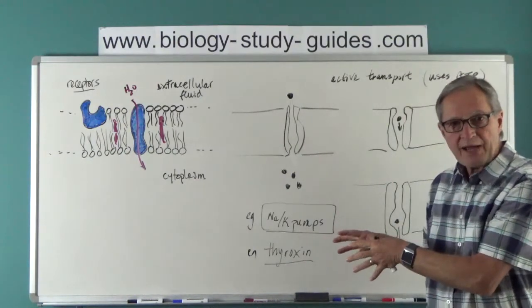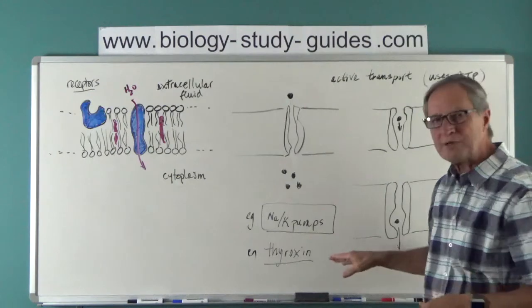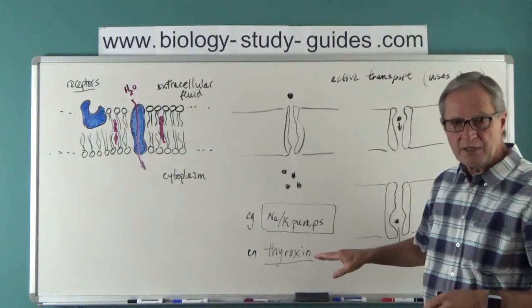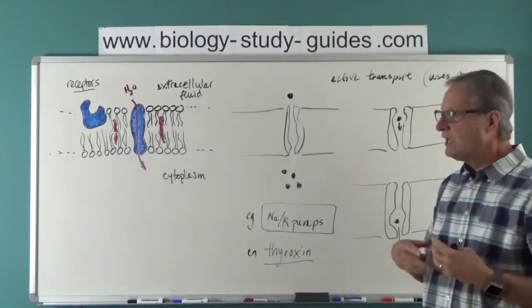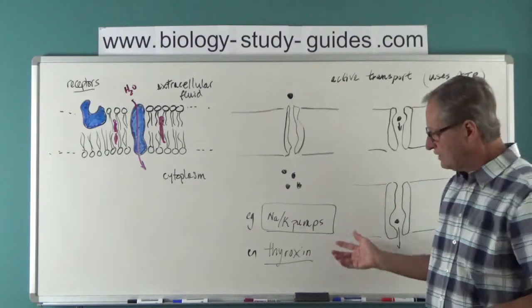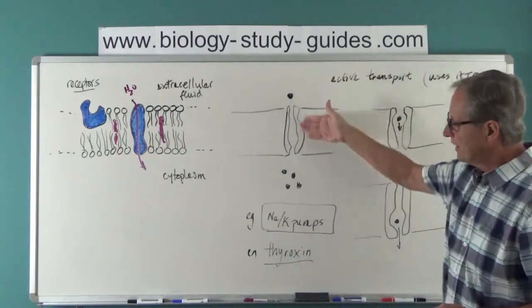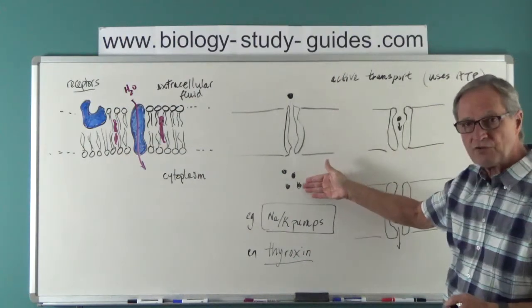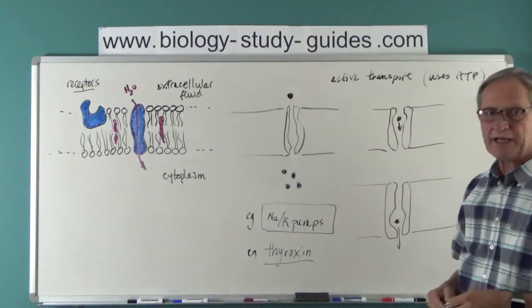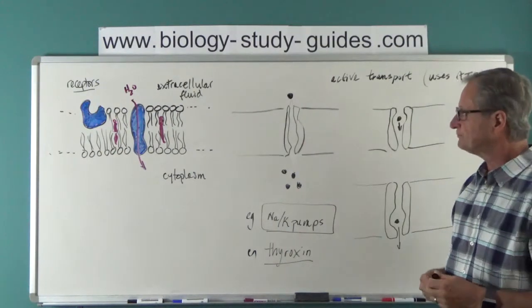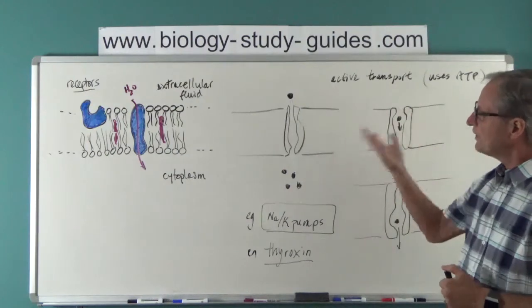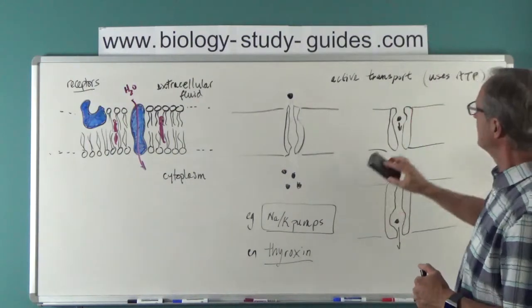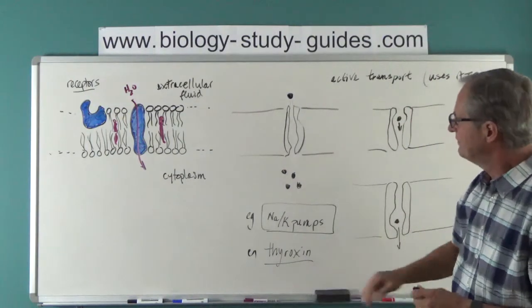The concentration of iodine in those cells is about 25 times as concentrated as it is in the plasma itself. So it's actually accumulated. It's moving against the laws of diffusion. So there's a specific example of this.